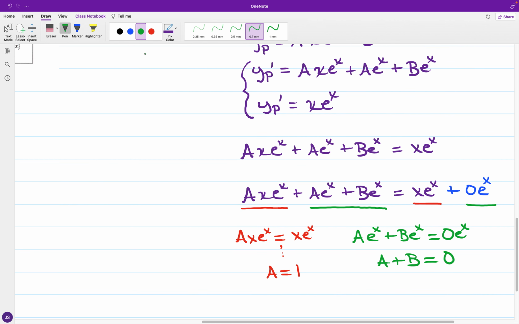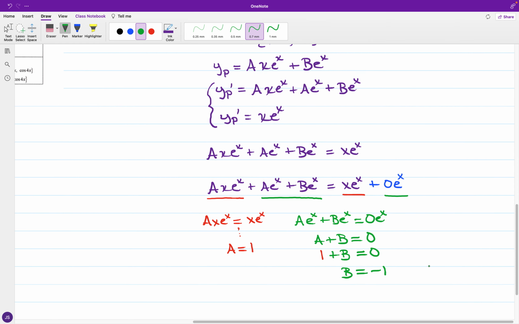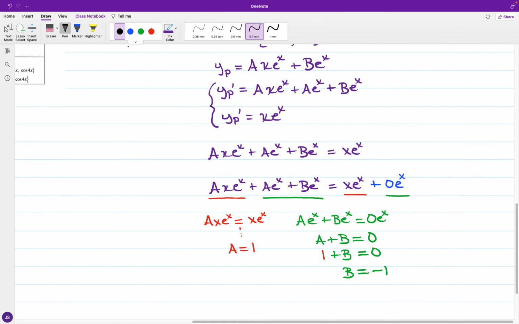Well, guess what? We already have that a is 1. And we have 1 plus b is equal to 0, from which we are going to have that b is equal to -1.